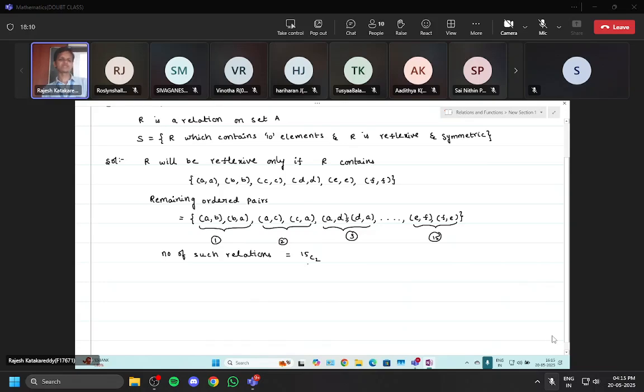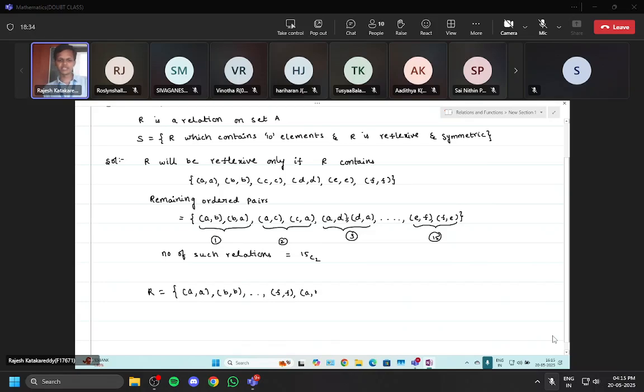What I am saying is, inside R you have 6 plus, one moment, listen. Inside R you have A comma A, B comma B, and so on going till F comma F. There are 6 ordered pairs. Now you are adding 4 ordered pairs, right?